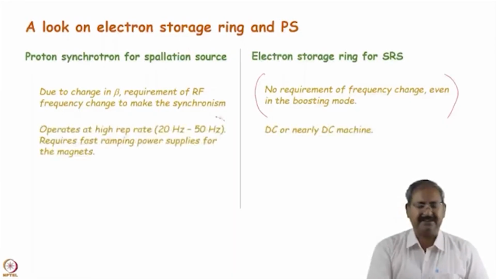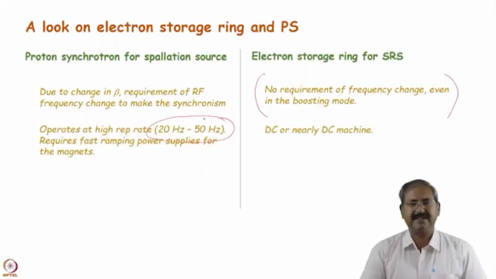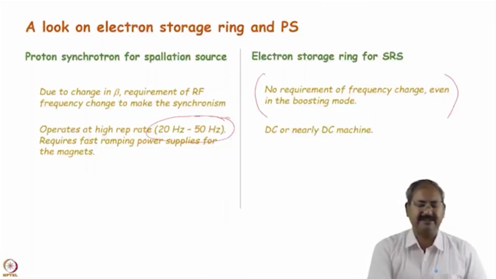We have seen that in 1 second there may be 50 pulses of protons which we have to accelerate, or there may be 20 pulses. So a very high ramp rate is there. We have to ramp the magnet for each pulse if we want to increase the energy, or we want to excite the injection magnets if we want to inject at such a high ramp rate.